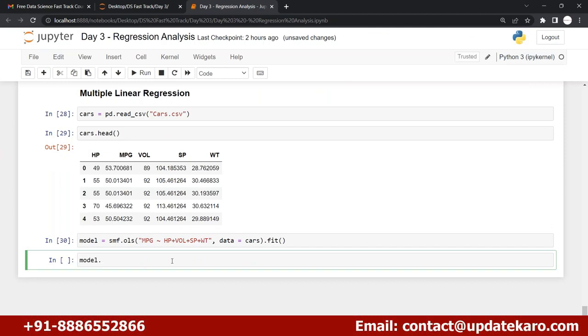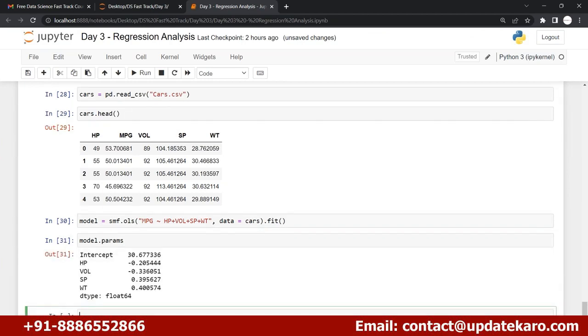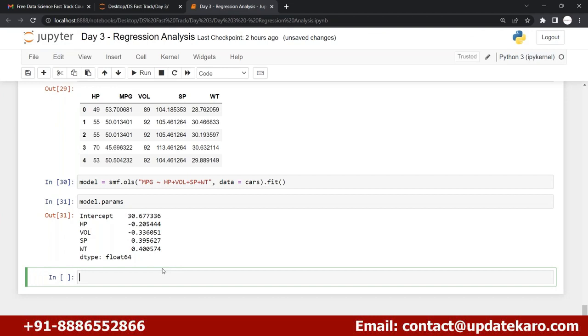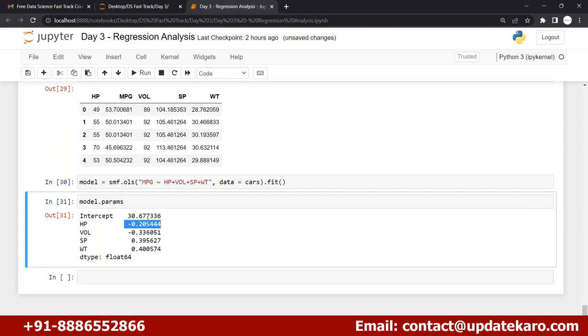Let's see my model. model.params. These are the parameters now. Now my model is not just two coefficients, now the model has 5 coefficients: first the intercept, then beta 1, beta 2, beta 3, and beta 4.